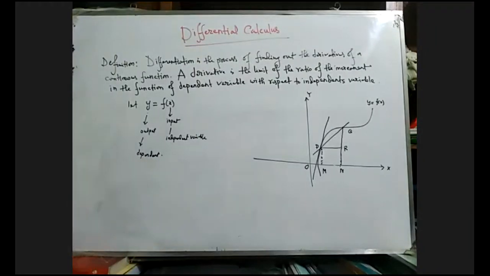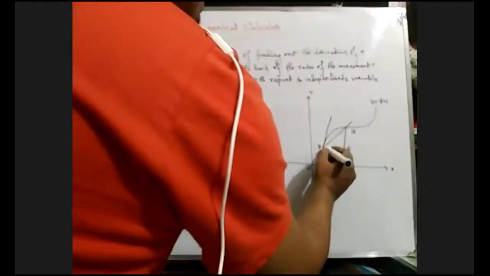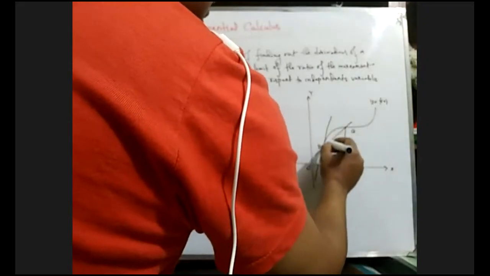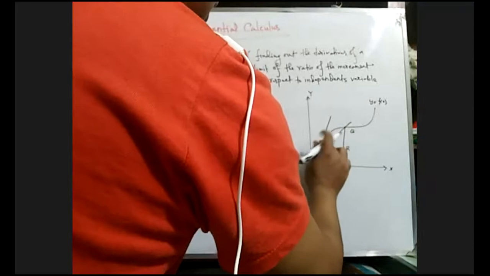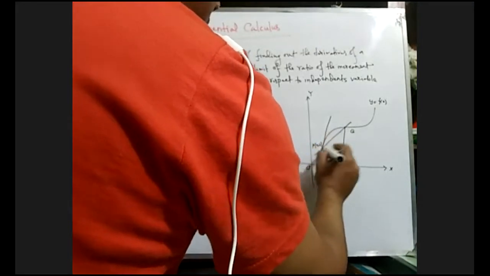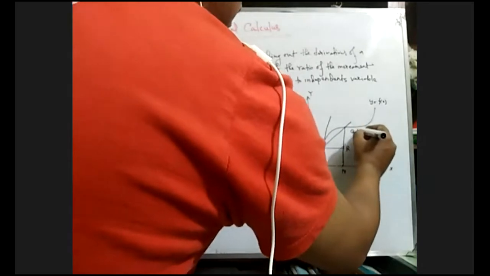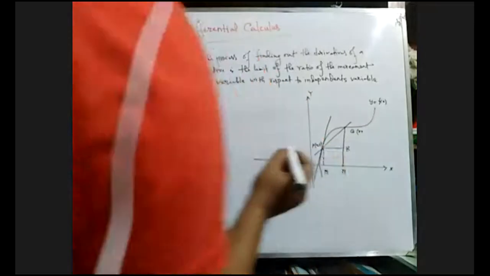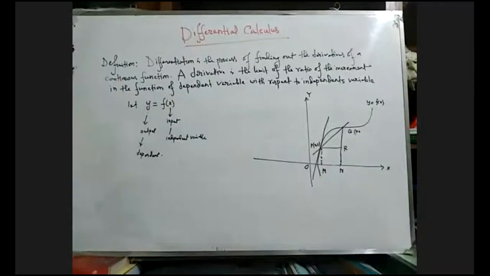So P is the point (x, y). But Q is the increment point.